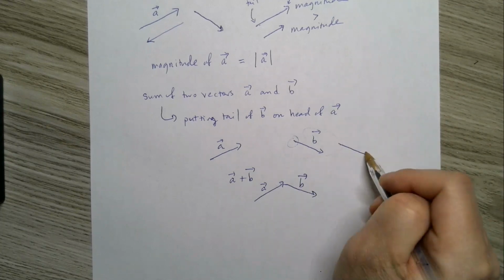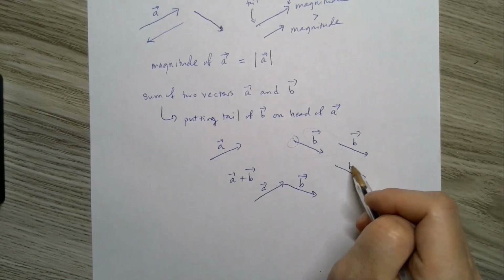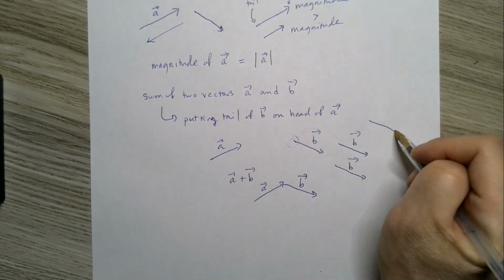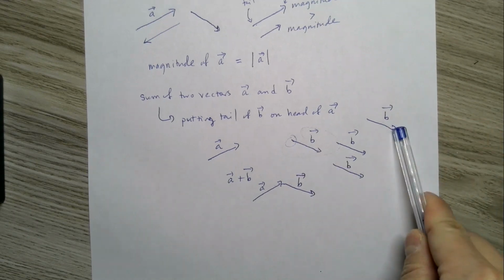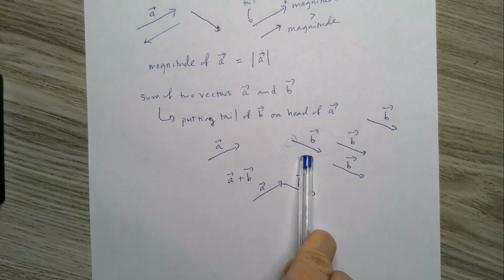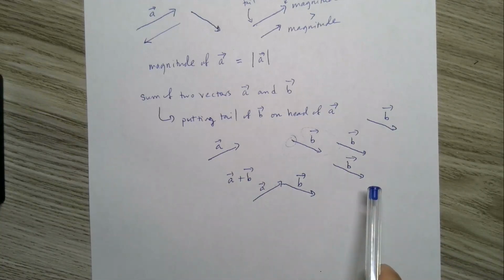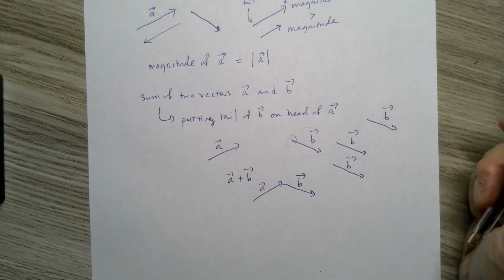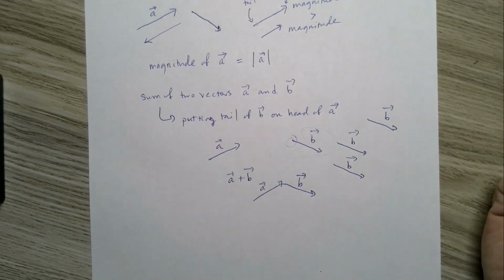I can draw a copy of B 50 times all over the paper. Every single one of these is a clone of the original vector B, therefore these are all equal to each other. The only thing that distinguishes a vector from another vector is its direction and magnitude. Location does not change it.